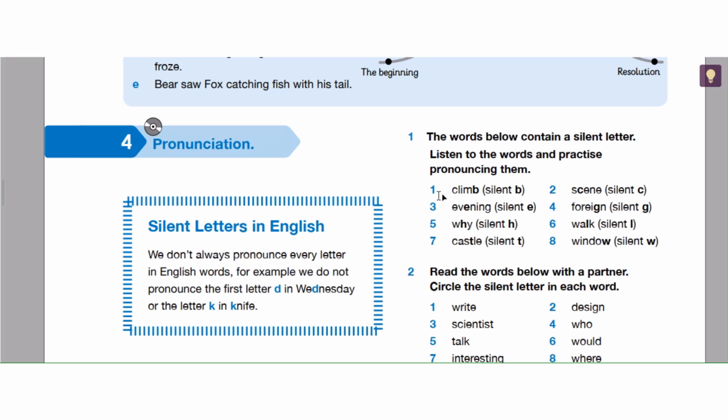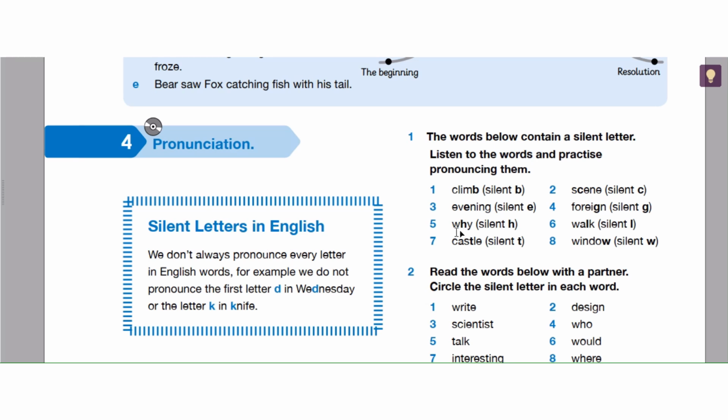For example here, number 1, climb. Silent B. Seen. Evening. Foreign. 5.